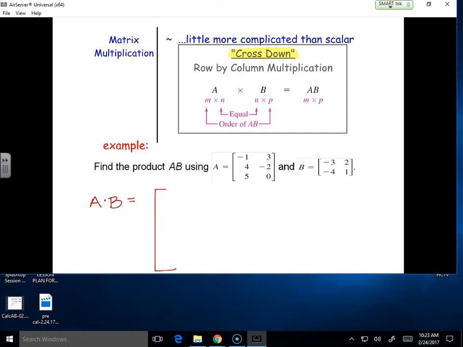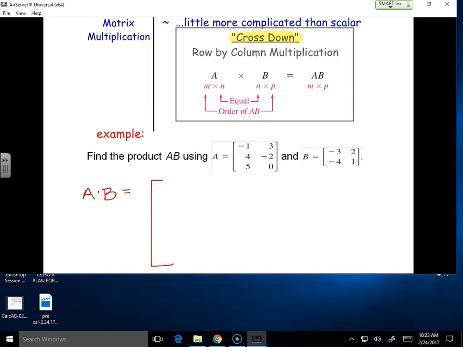In order to find, I'll give a quick example off here to the side. Remember how, when we're talking about entries of a matrix, we talk about them in terms of the first row, first column, right? If we're talking about the multiplication A times B, the first row, first column element is going to go right here.